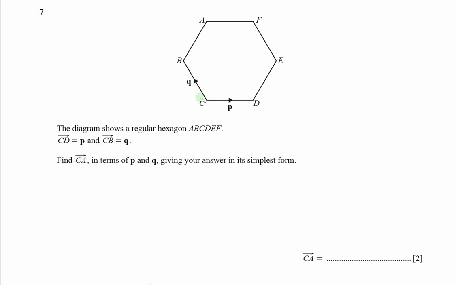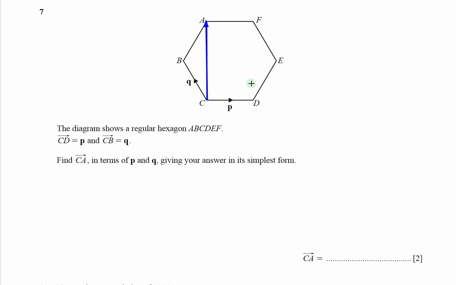Okay, write CA in terms of P and Q. CA is from here to here. So we want to find the vector of this CA.